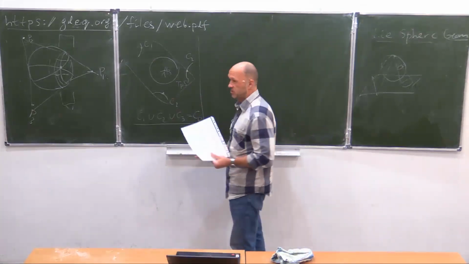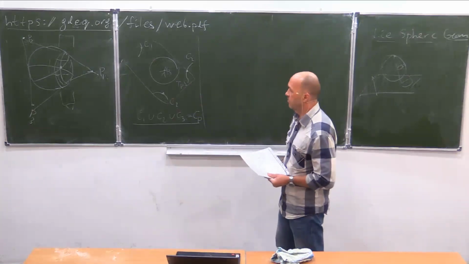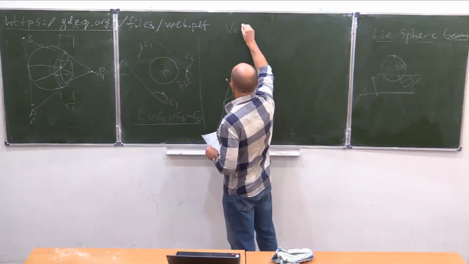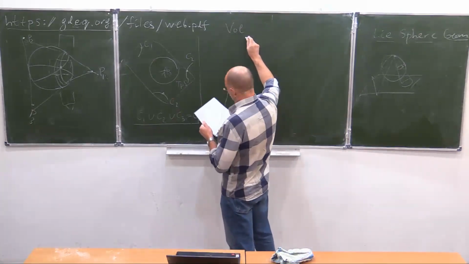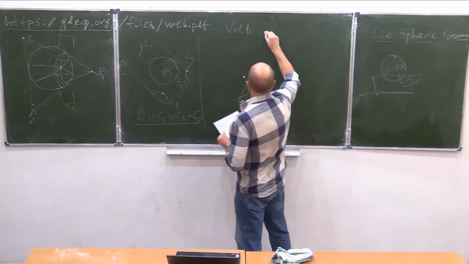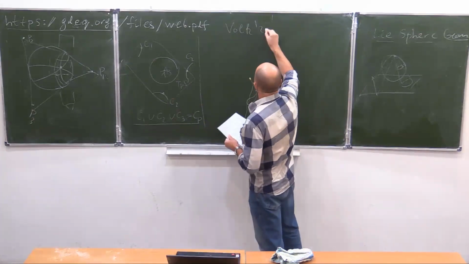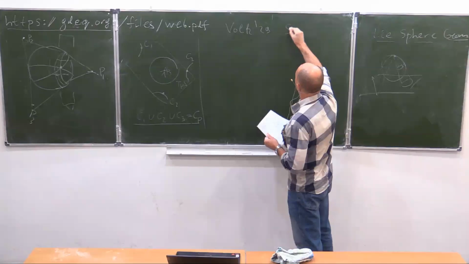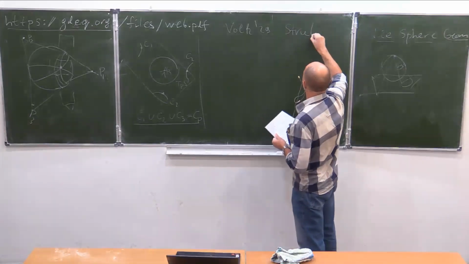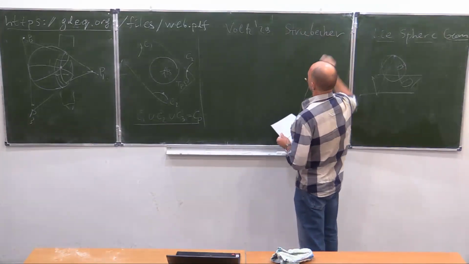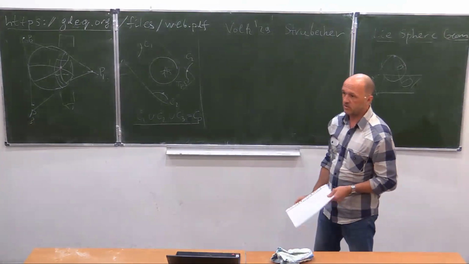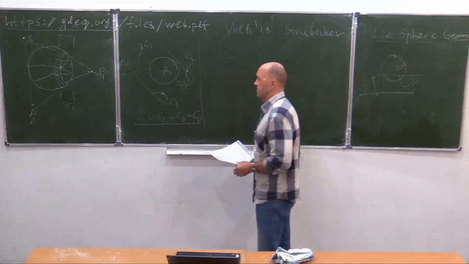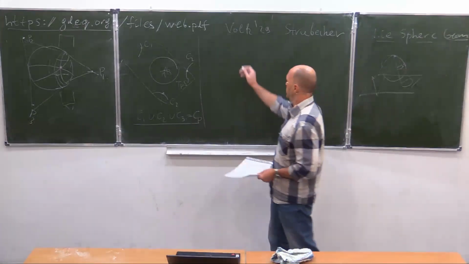So the largest family of examples was given by Volk in 1992, and from a slightly different point of view by Strubecker. And their construction, in this terminology, can be described very simply.